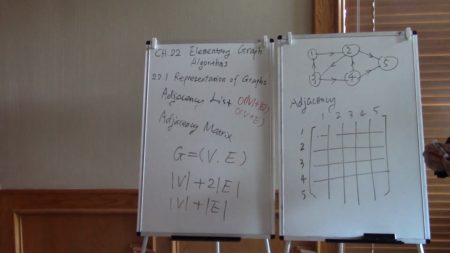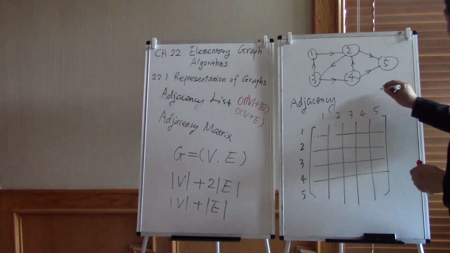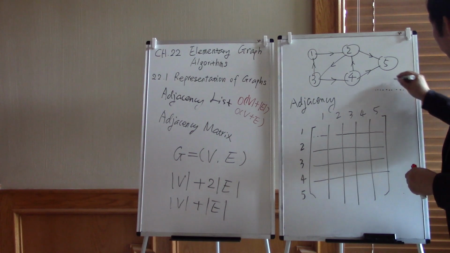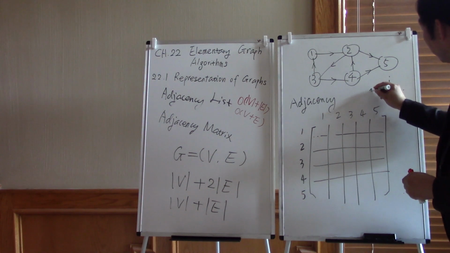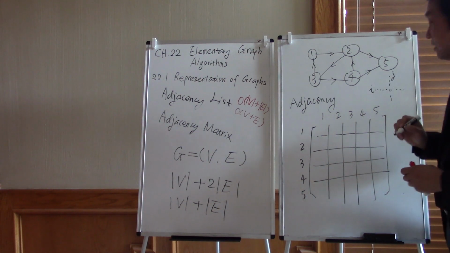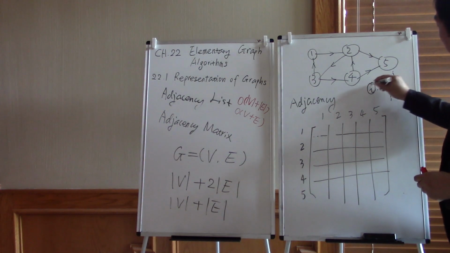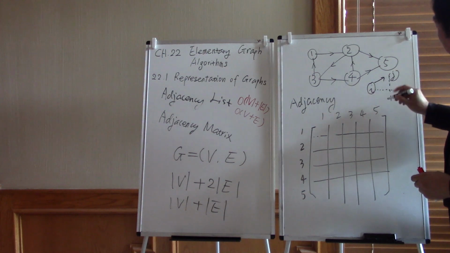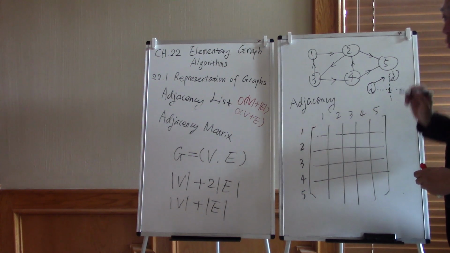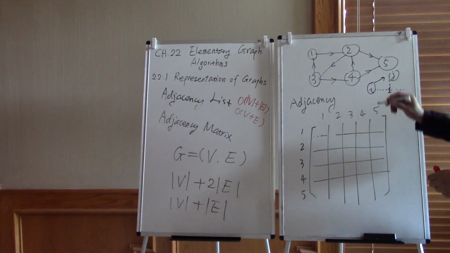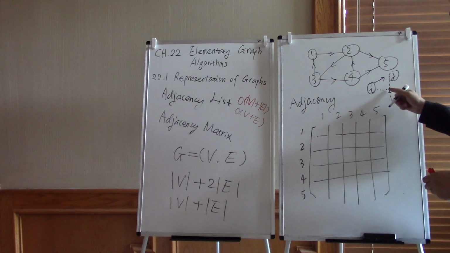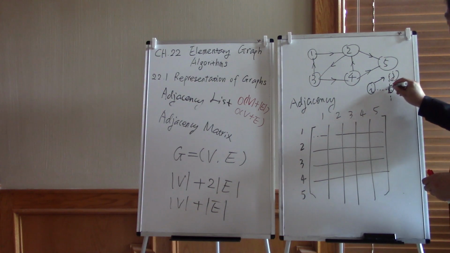Now here's how we put numbers into this matrix. If you look at an entry in this matrix, let's say the entry on the ith row and the jth column, then if there's an edge from node i to node j, we put a number 1 on it. But if there's no edge from node i to node j, then you put a 0.